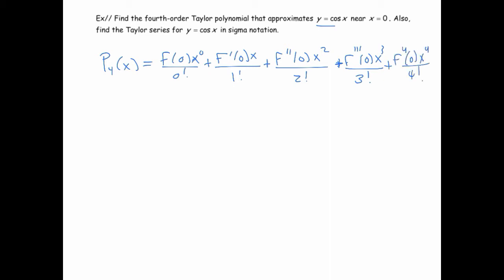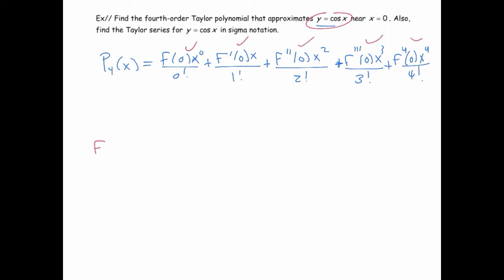So notice the method's different now. We're using the recipe that we stumbled upon doing it the long way before. So now all we need to do, we've got our function cosine of x. We just need to find f of 0, f prime of 0. We got to find these guys and then plug them in.